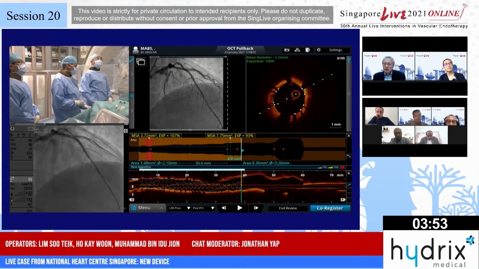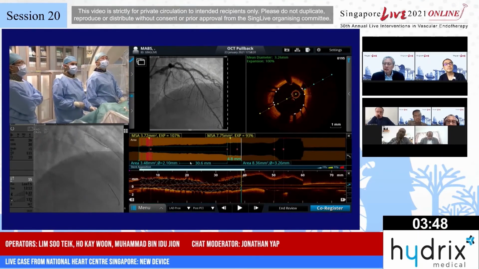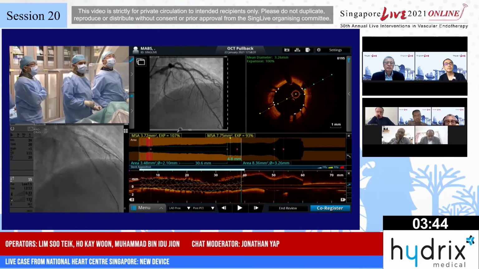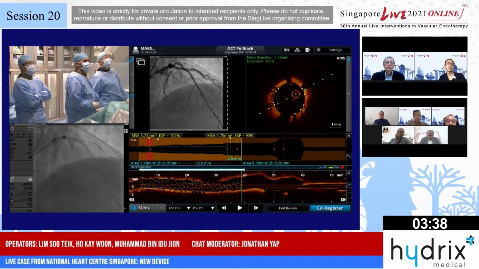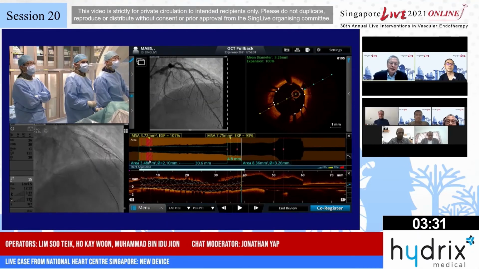What is the minimum implant area, the minimum bioadapter device area? Where is 3.7? 5.7 or something like that, right?